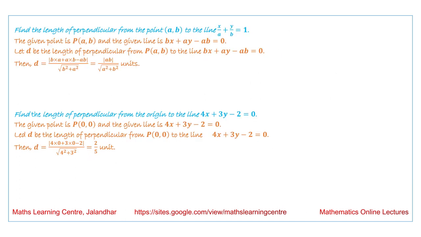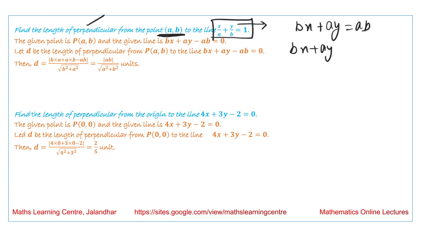Next question we have is, find the length of the perpendicular from the point (a, b) to the line x by a plus y by b is equal to 1. To calculate the length of the perpendicular means we have to calculate the distance. So we can write this equation in the form bx plus ay is equal to ab, that is bx plus ay minus ab is equal to 0.